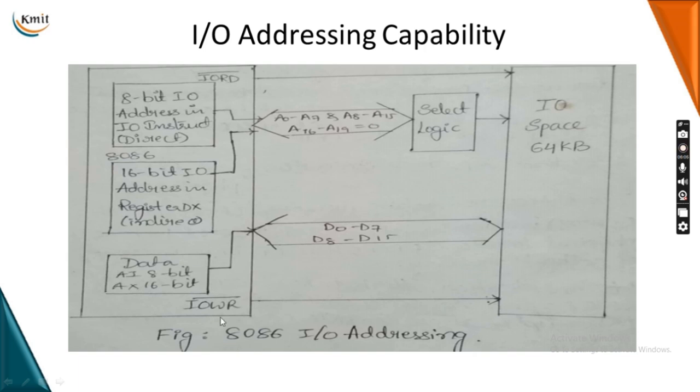IO read bar is able to read from the input device and do the task, whereas IO write bar is for writing data into the IO space. So 8-bit and 16-bit we can address, as 16-bit addresses are available for your IO space of a maximum of 64 kilobytes.